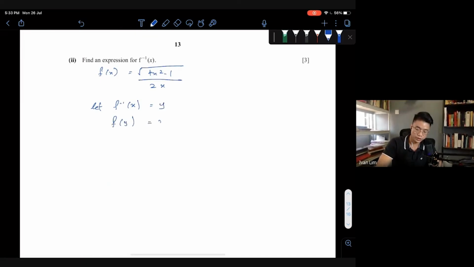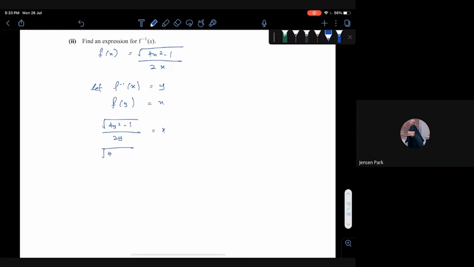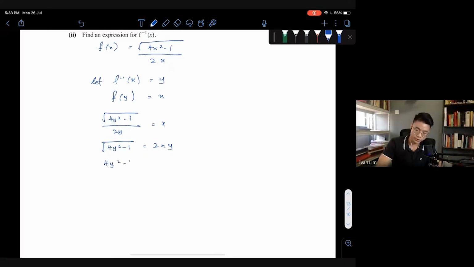Then you swap your x with y. f(y) equals x. So we replace all my x with y, 2y equals x. Then 2xy equals square root of 4y squared minus 1. And then you square both sides, 4x squared y squared, the entire equation.